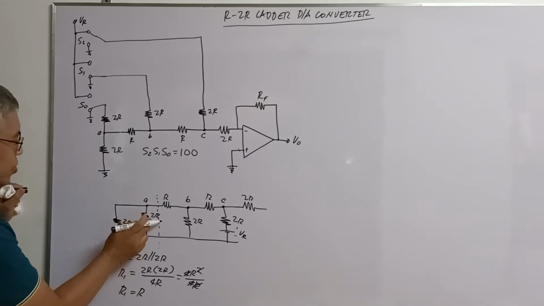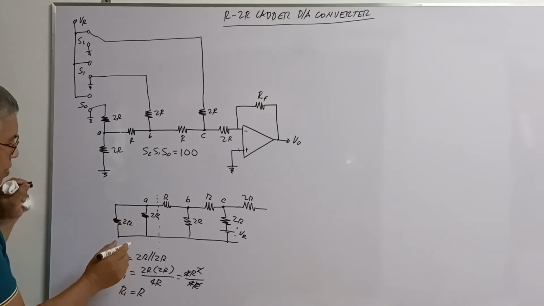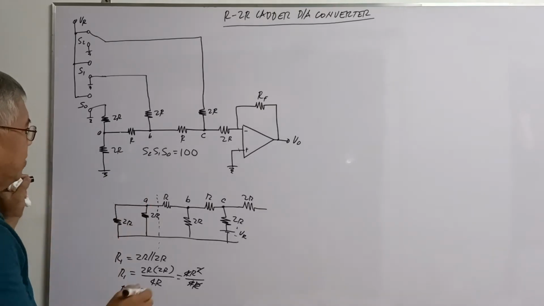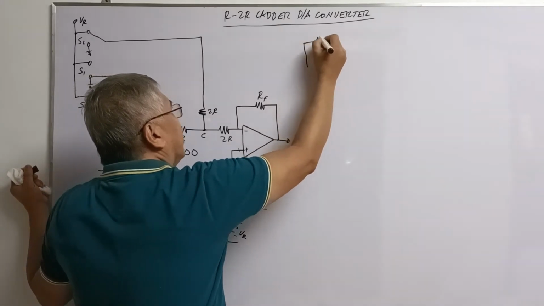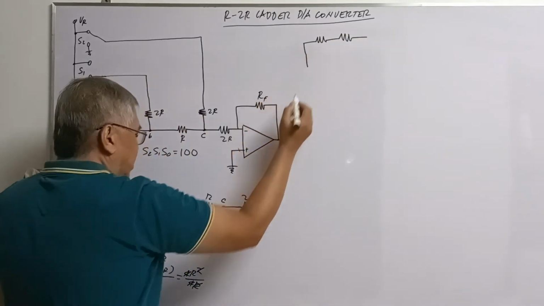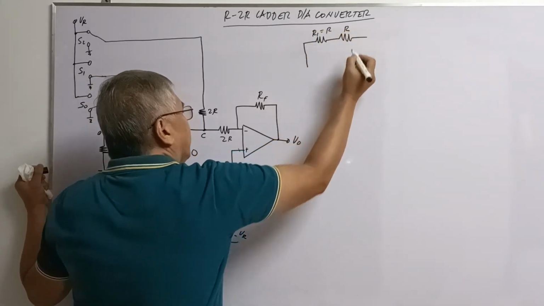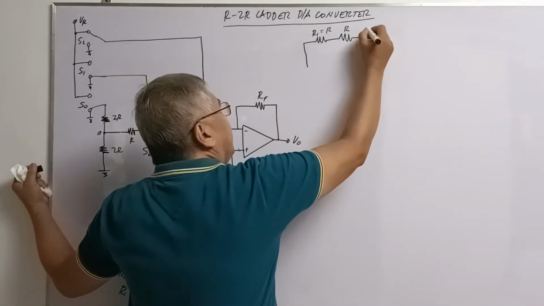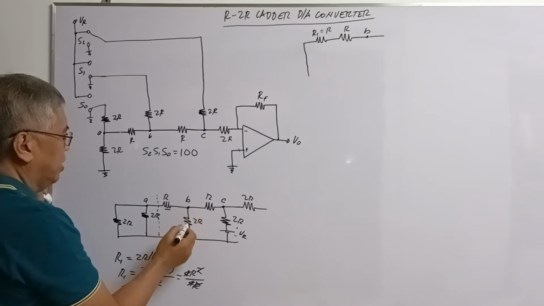So these two parallel resistors are equivalent to R. We will redraw again, so the circuit now becomes this one. You have R, another R. This one here is your R1, which is equivalent to R. And then you have another R, which is this one here. This one is your point B. Connected to point B is 2R.